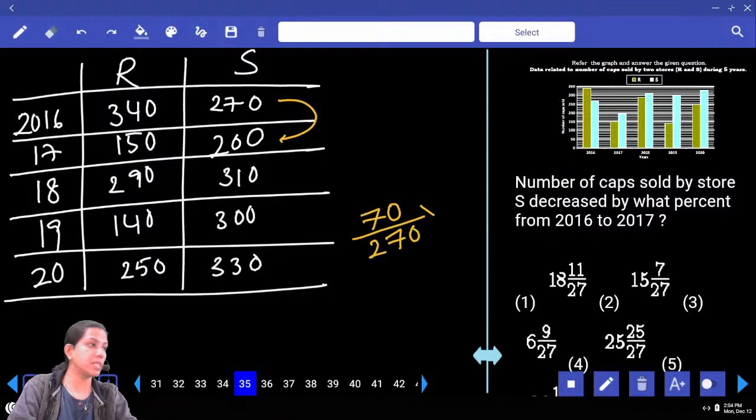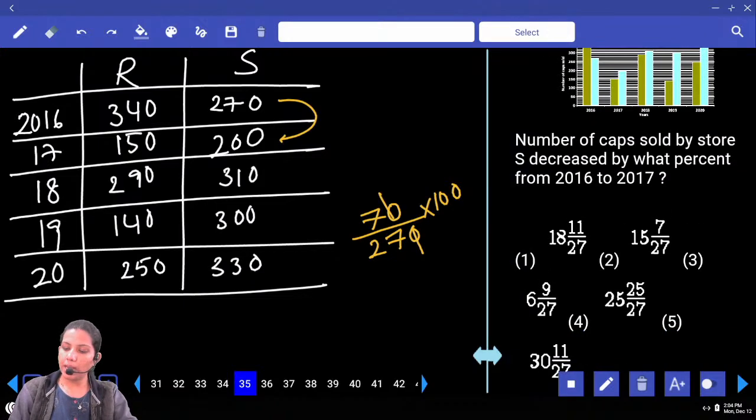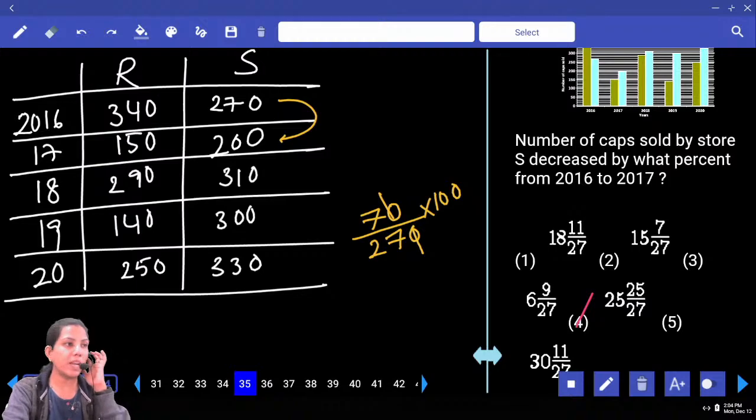Multiply by 100, the two zeros cancel, so it is 700 by 27. There is no common factor in numerator and denominator. 27 twos are 54, 27 threes are 81, so your answer must be 20 plus and 30 less, between 20 and 30. Only one option fits, so this is your answer: 25, 25 by 27.